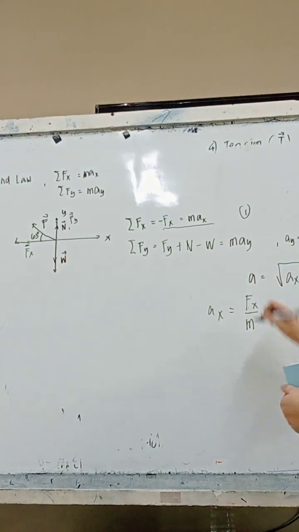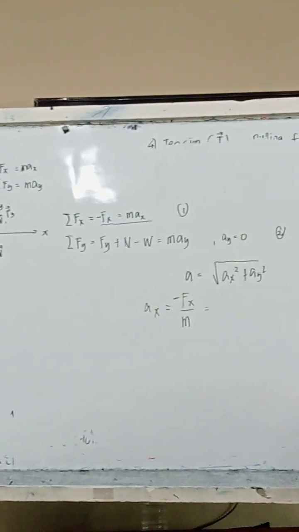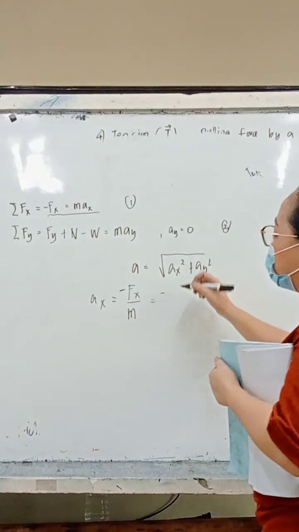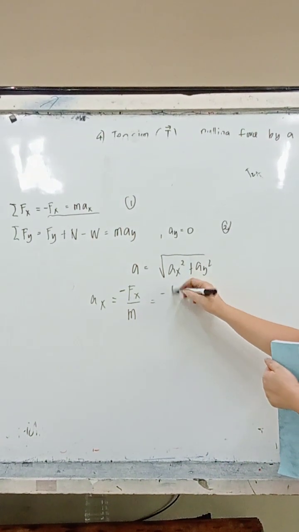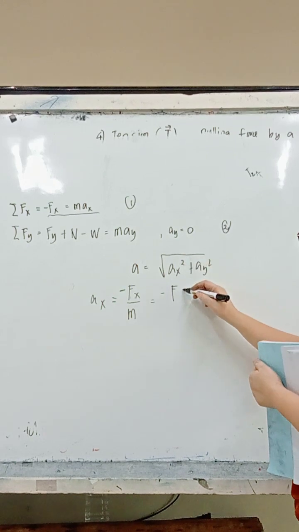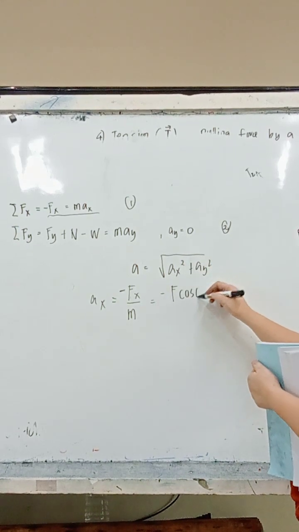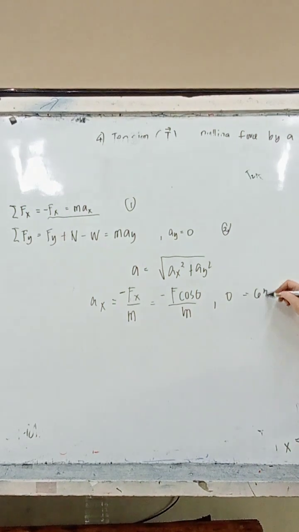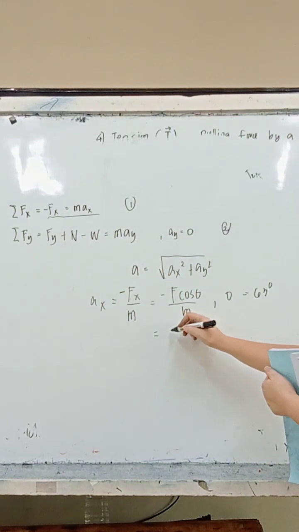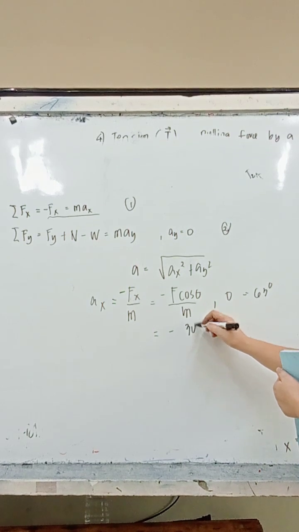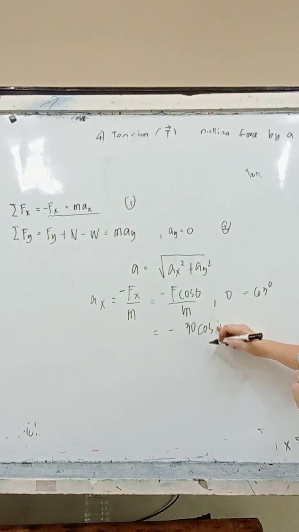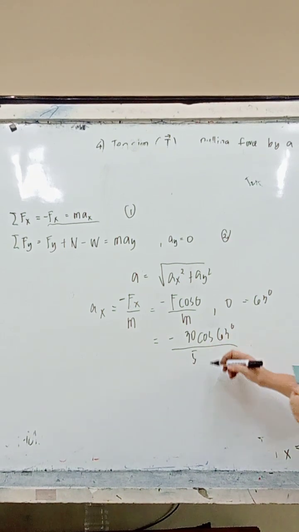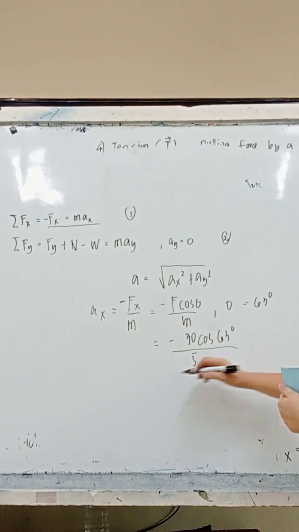So ax is negative Fx over m, which is negative F times cosine of theta over m, where theta is the given angle of 63 degrees. This equals negative 30 cosine 63 degrees divided by the given mass of 5 kilograms.